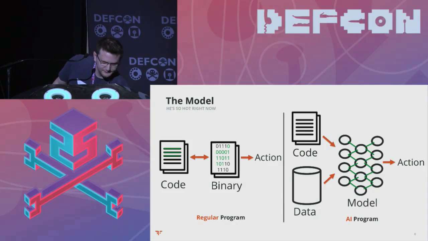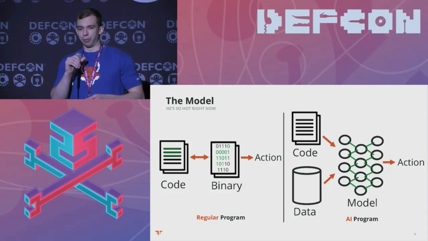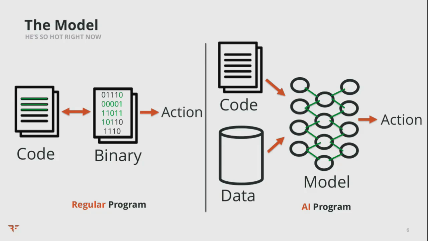Yeah, so our program differs a little bit from a regular program in a couple of really important ways. In a regular program, you write some source code, which is just going to be in English, and you're basically compiling it down to a binary, which is machine instructions. It's the thing your computer is actually going to run, and those machine instructions are going to perform an action based on what you programmed into it.